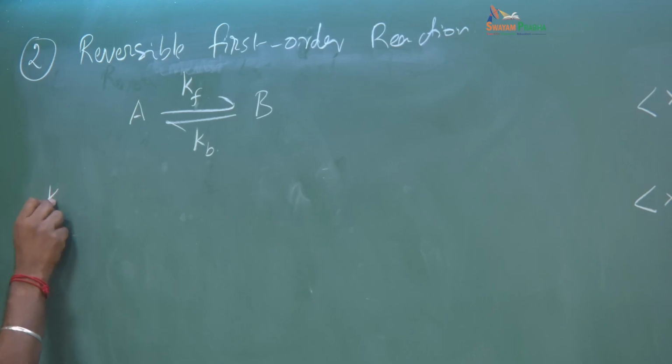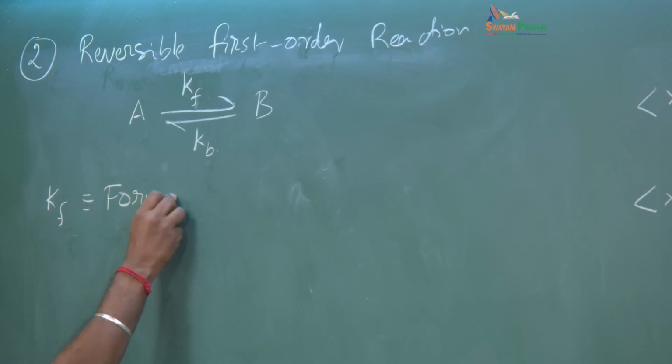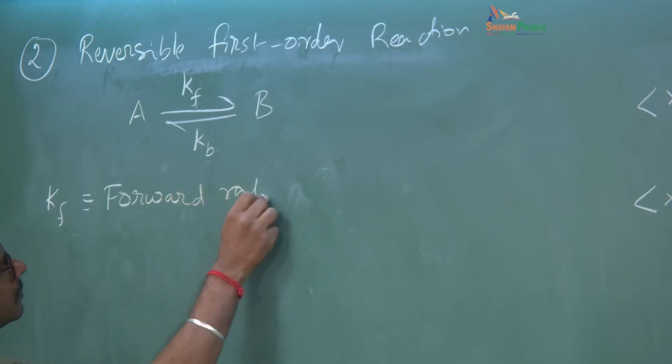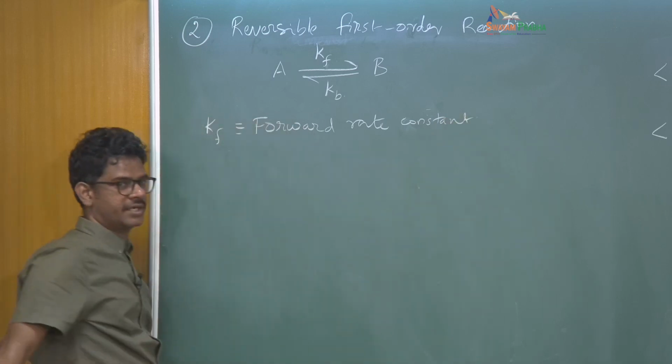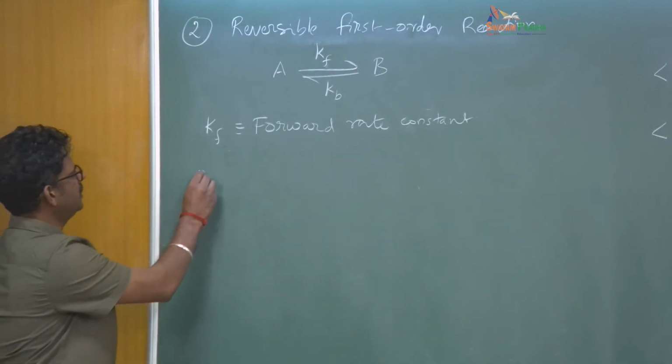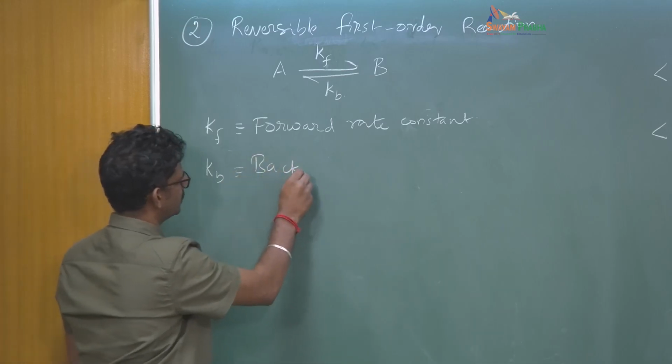So Kf here is the forward rate constant, the rate constant for the forward reaction, and Kb is the rate constant for the backward reaction.